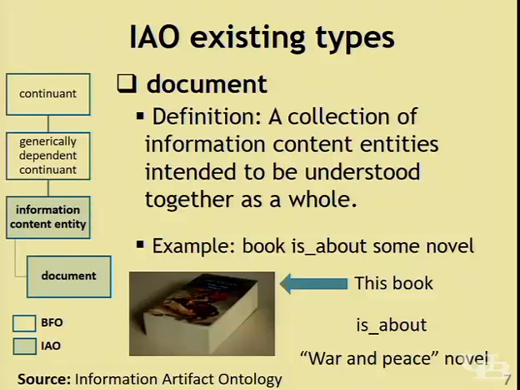If I just read one sentence in this book, it doesn't make sense to understand the novel. I need to read the whole book to understand the novel, because all the sentences in this book need to be together to be considered a document, to be understood as a whole.